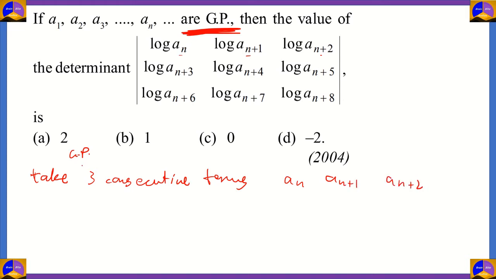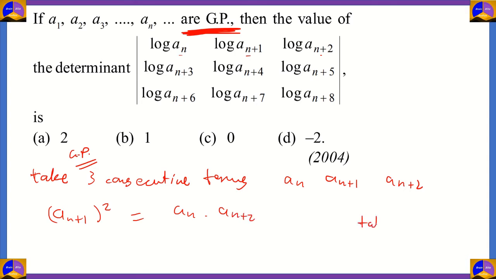And then according to the property of the geometric progression, the square of the middle term will be equal to the product of the first and the last term. So that means An+1 the whole square equals An times An+2.